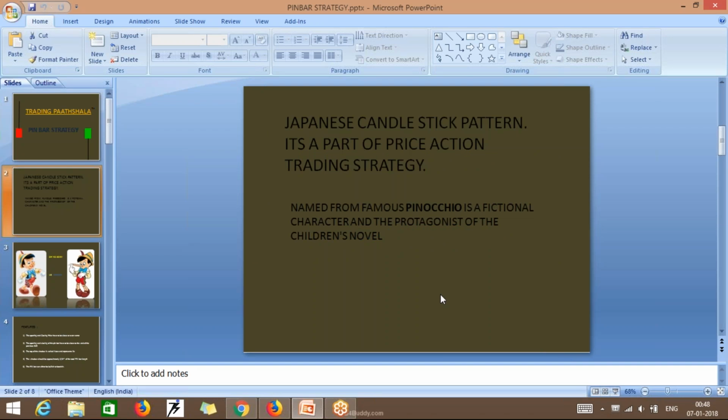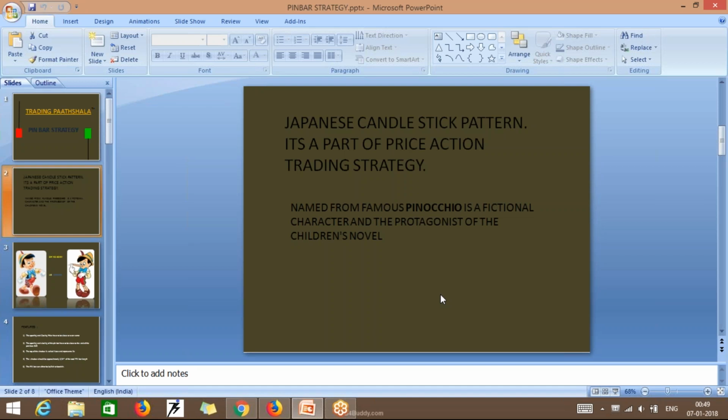It's a Japanese candlestick pattern. Yes, definitely all candlesticks are Japanese candlestick patterns, and it's a part of price action. Every candle is a price action strategy. It has open, close, low, and high. Exactly, a pin bar also has the same. So it's just a small part of price action strategy.